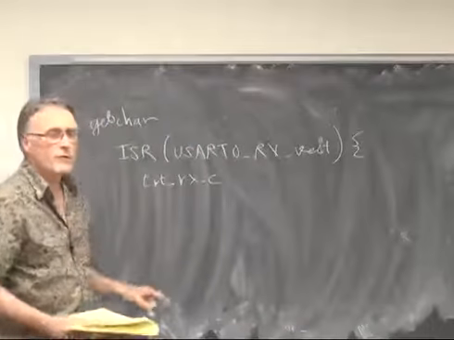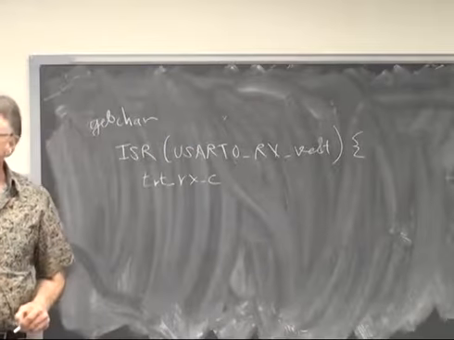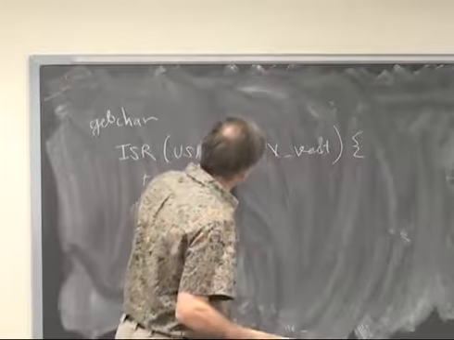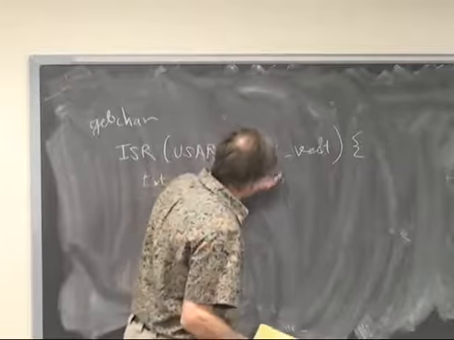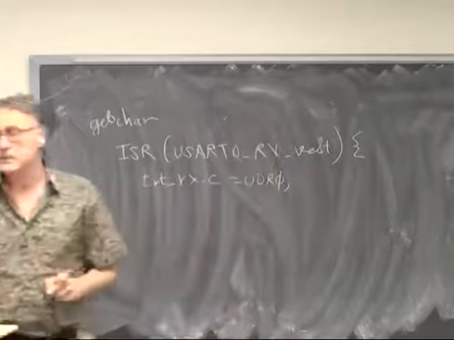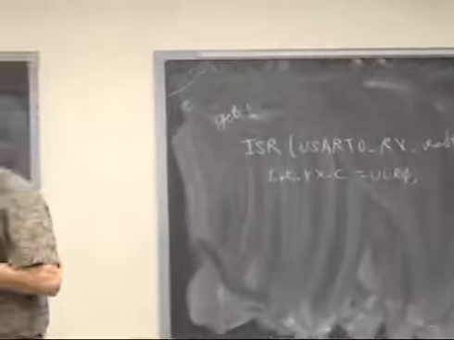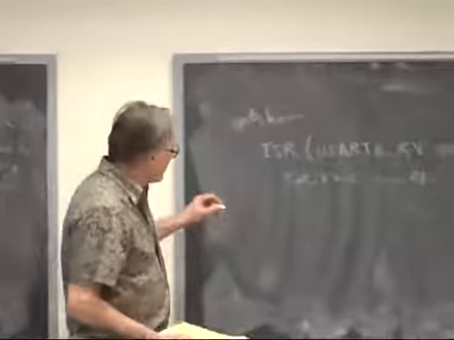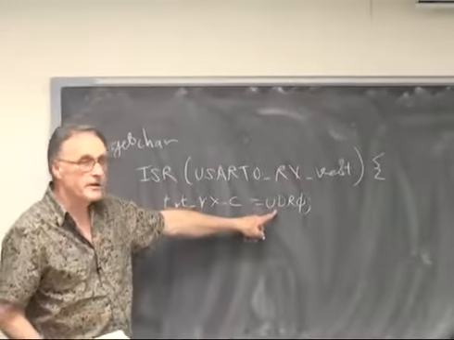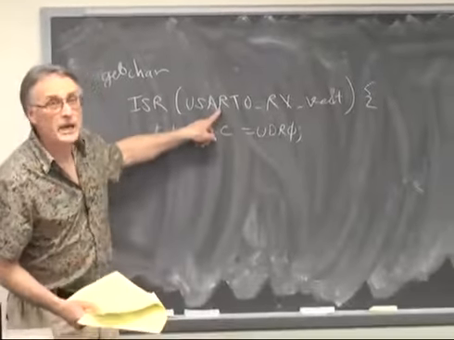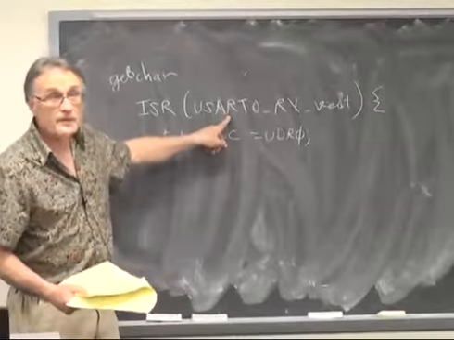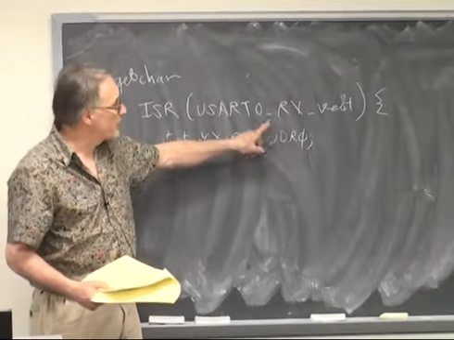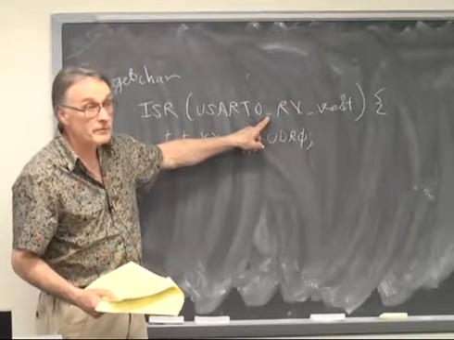By the way, you should probably want to avoid variables that start with TRT because there's a few globals, all start with TRT. And we're going to set this equal to UDR0. UDR0 is the data register that contains the character which was just received. So we retrieve the character that was just received, and we won't get to this interrupt until the data is valid. We won't get into this interrupt unless a character has actually been received.